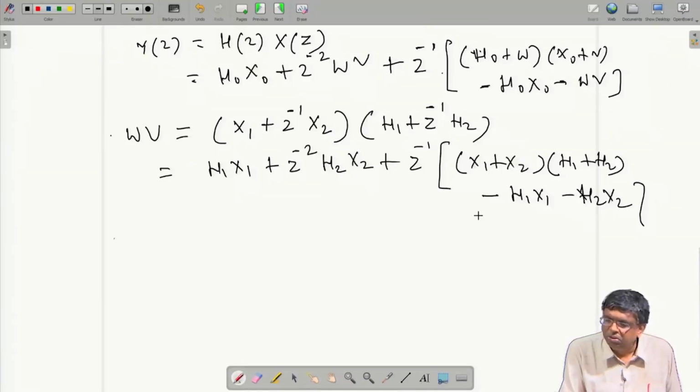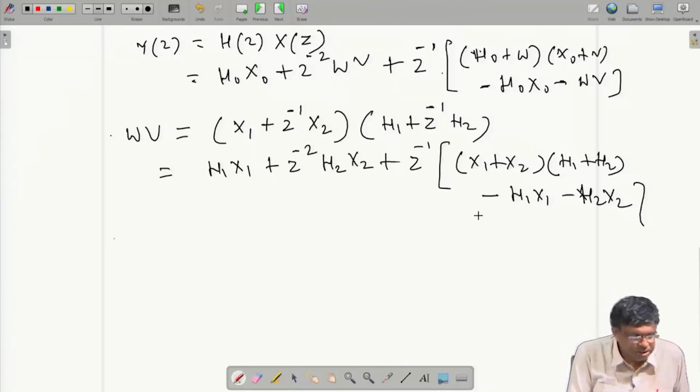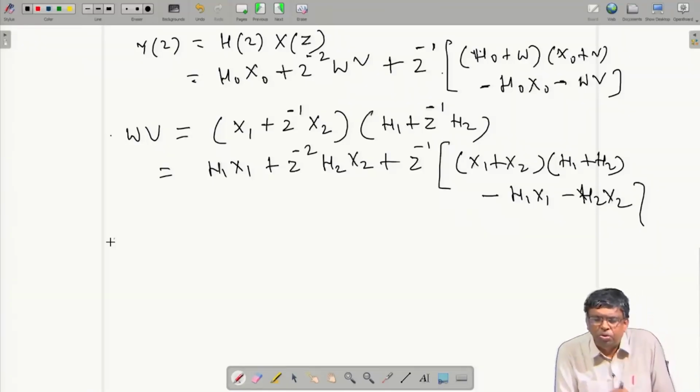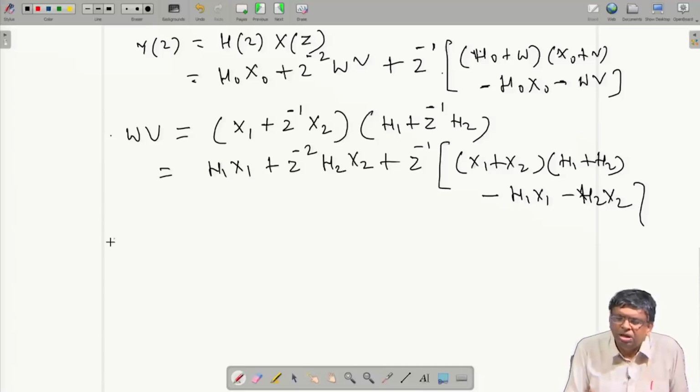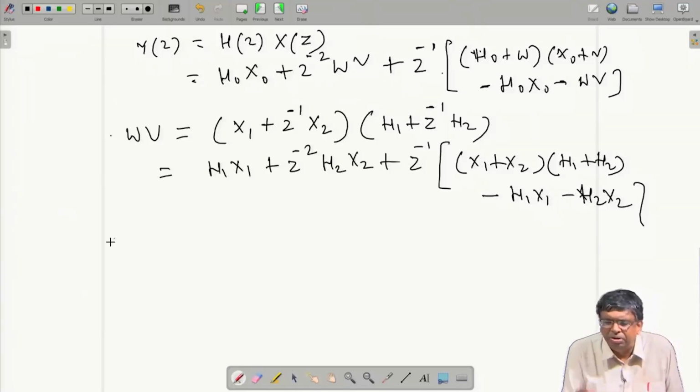So, this WV has to be put in here. If I put in the WV here, we will just substitute this here. What I get, I write in the fresh page. In fact, I am writing directly from the book by Pari, but it is just a substitution there, nothing conceptual, and just rearrangement of terms. So, what we will get there is this.